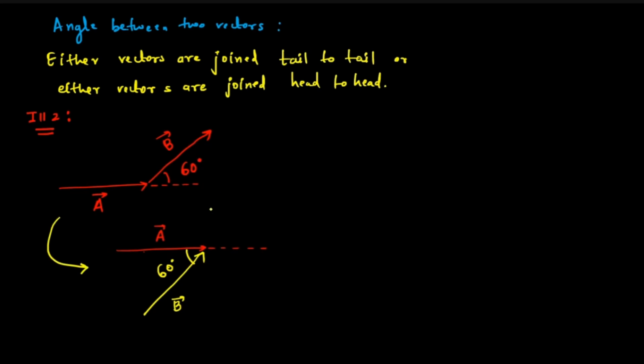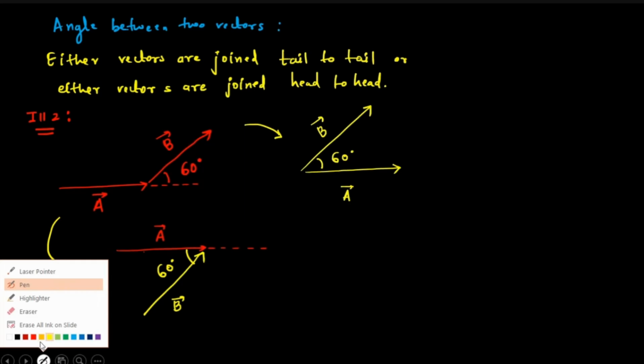Now, another way of doing this. I will move this vector A in the forward direction. Suppose I keep the direction of vector B the way it was initially, and I'm moving this vector A in the forward direction. Again, if you look at the angle between the vectors, it is going to be 60 degrees. So this is another way of representing the same two vectors.